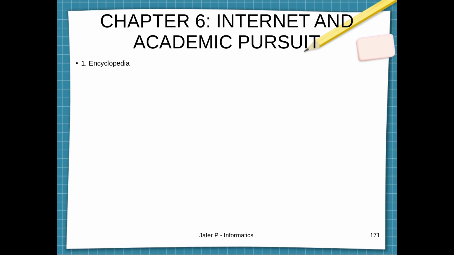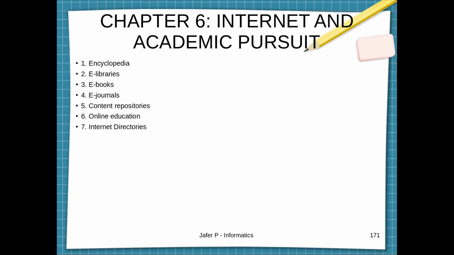Number one, in this chapter, first we are going to study encyclopedia. Second, e-libraries. Third, e-books. Fourth, e-journals. Fifth, content repositories. Sixth, online education. Seventh, internet directories. Eighth, websites of universities and research institutions.